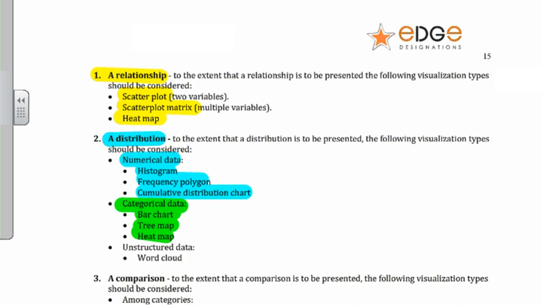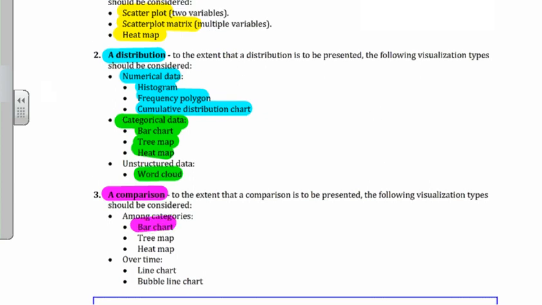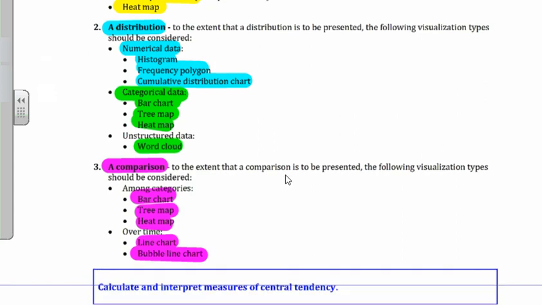And if it's unstructured, remember we can use that lovely word cloud which showed us which words came up the most. If I'm looking for a comparison, we can use bar chart, tree map, heat map. And if I'm looking to do that over a time period, I'll use a line chart, or even a bubble line chart.